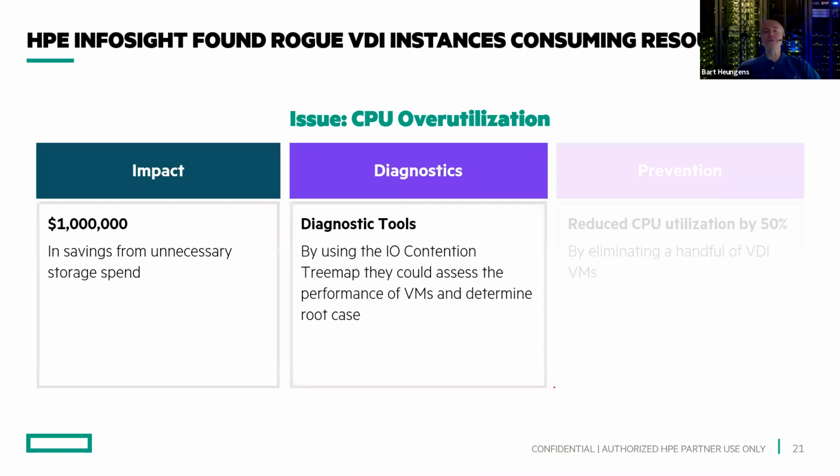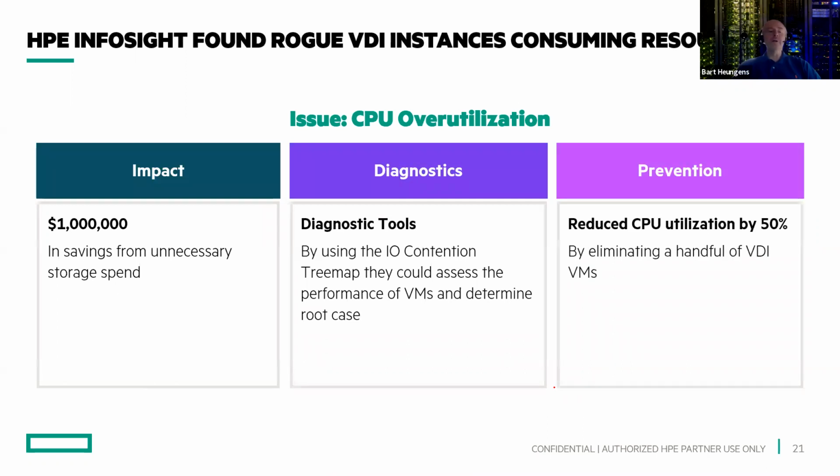And so there are some practical examples about this. There was a hospital that was using VDI, and they found rogue VDI instances. They were consuming resources, but it was useless. And they were doing way too many IOs because of a bad configuration in the VDI environment. And so InfoSight detected this, that there was really an overlap of too many VMs consuming too many resources.